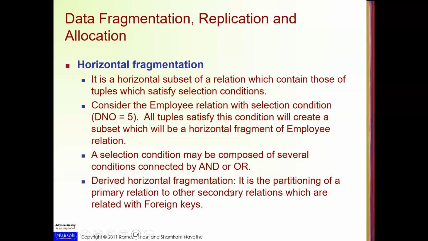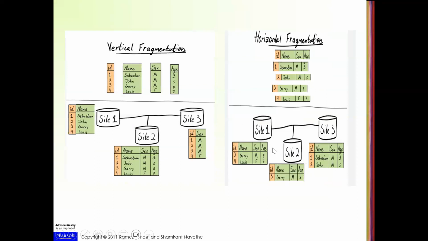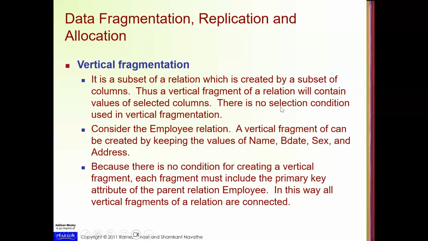Now, derived horizontal fragmentation is the partitioning of a primary relation into other secondary relations which are related with foreign keys. So here, this is our primary relation, which is divided into smaller secondary relations, and they can be connected together to get back the complete original data.